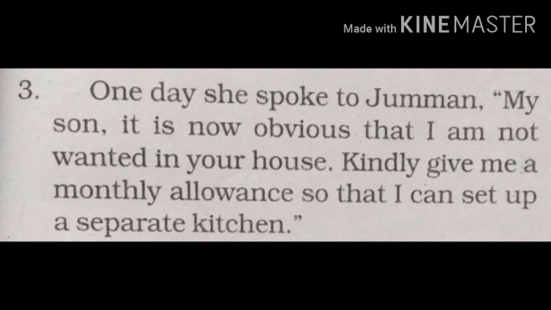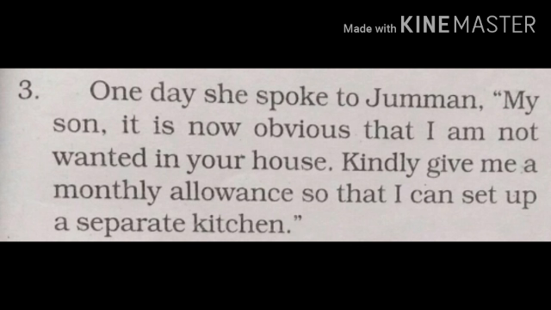Let's see page number 85, paragraph 3. One day she spoke to Juman, "My son, it is now obvious that I am not wanted in your house. Kindly give me a monthly allowance so that I can set up my separate kitchen."